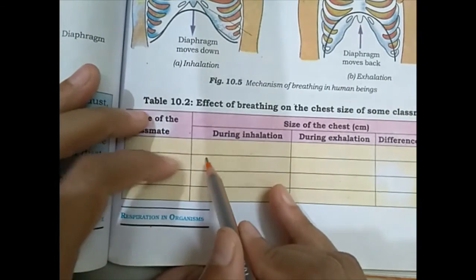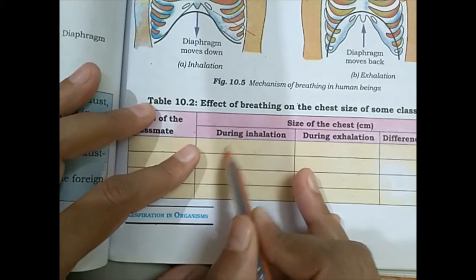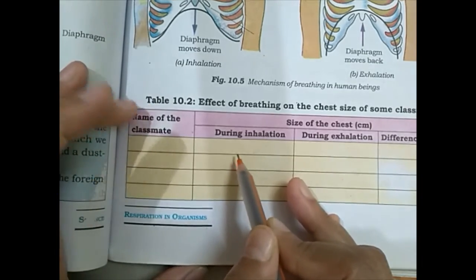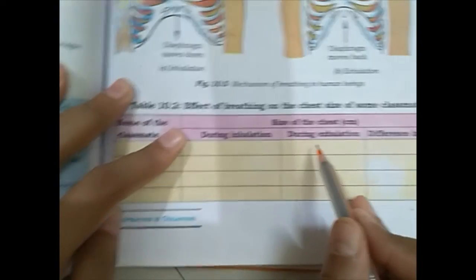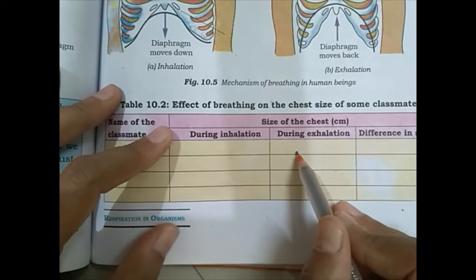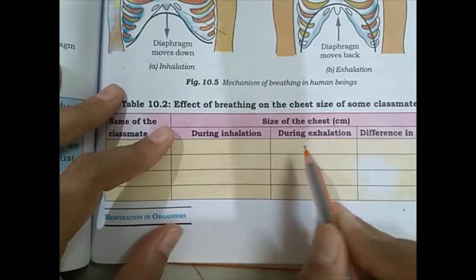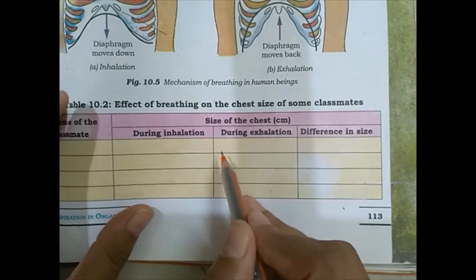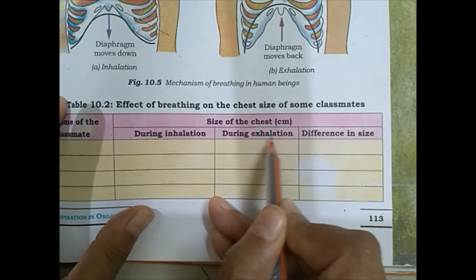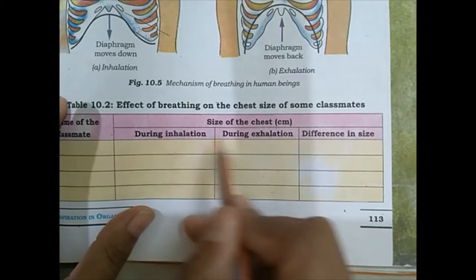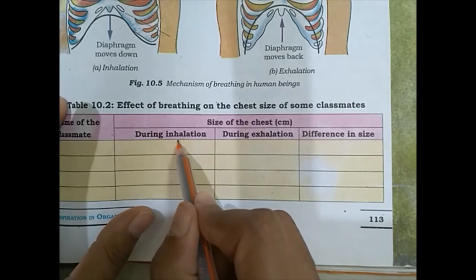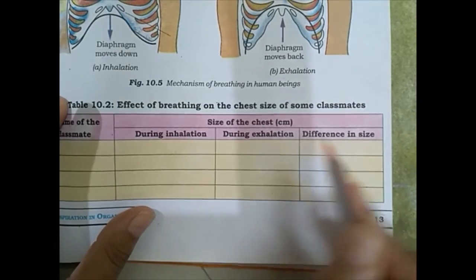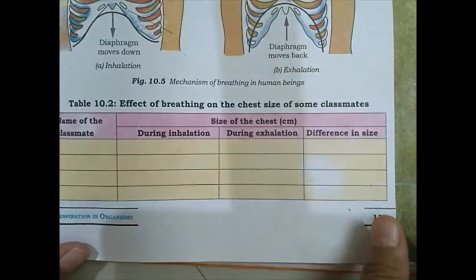Again, you can measure during inhalation the size of the chest of that particular student, and during exhalation again the size of that particular student. And the difference in size, means we have to subtract exhalation from inhalation, because in inhalation the size will be more. That difference you should write here, and in this manner you can complete this activity.